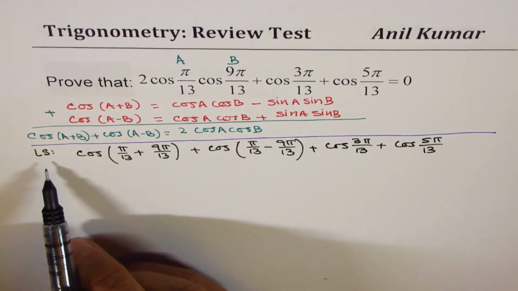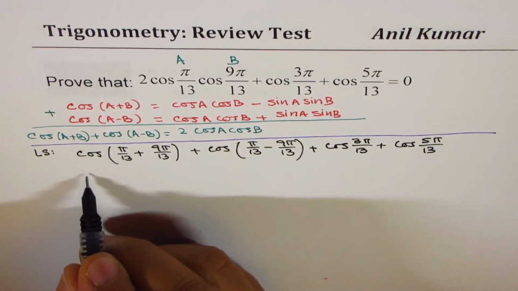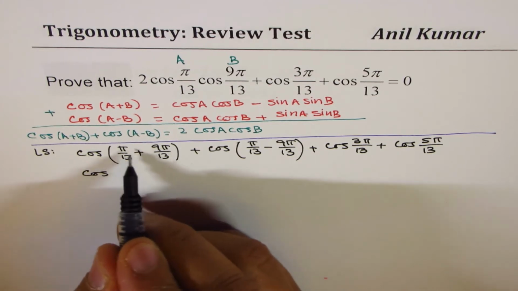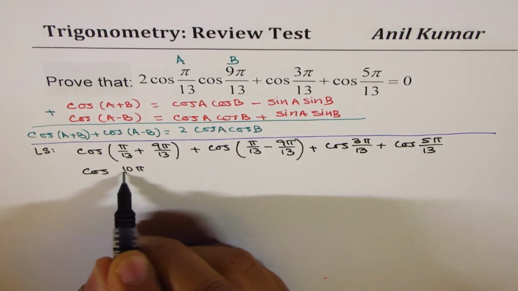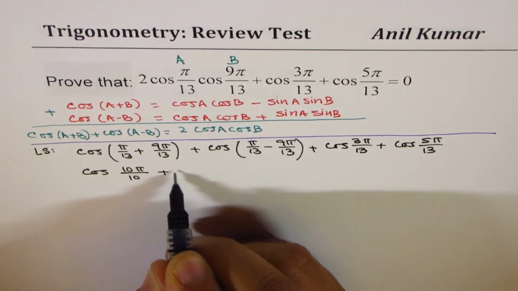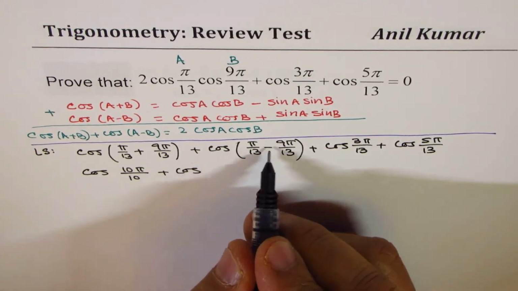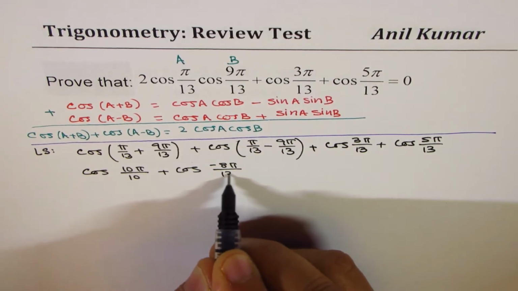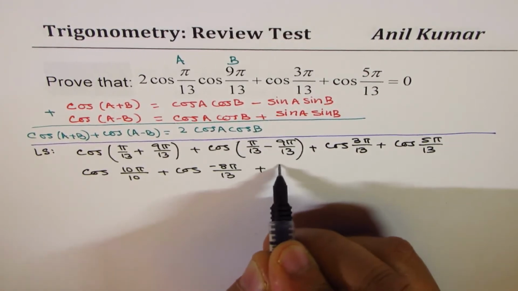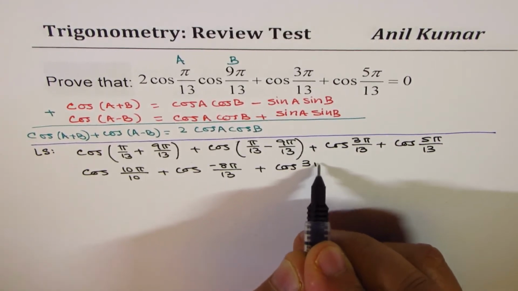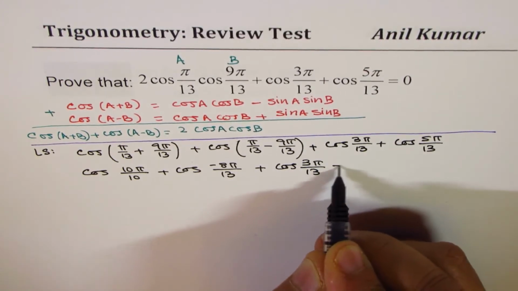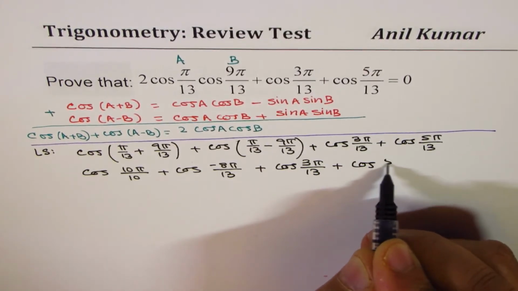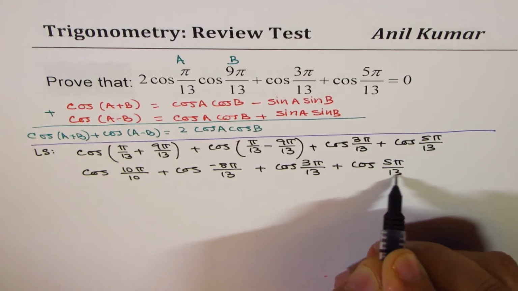We are beginning with the left side. Now if you do this, what do you get? You get cos of (9 plus 1 is 10) 10 pi by 13 plus cos of pi minus this, which is minus 8 pi by 13, plus cos 3 pi by 13 plus cos 5 pi by 13.